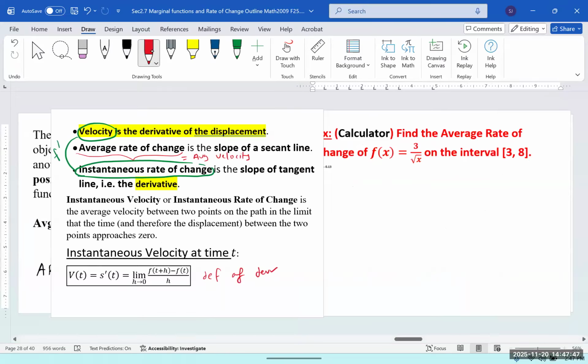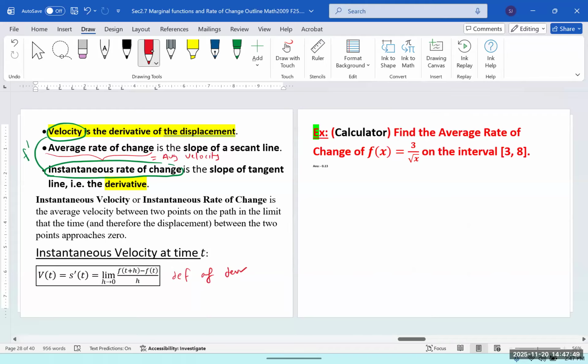Now, based on this information, we solve different types of questions. Sometimes they are in the calculator part, sometimes they are in the non-calculator part. So depending on where you have them, you stop at a certain point. For example, this question is in the calculator portion. It says find average rate of change.